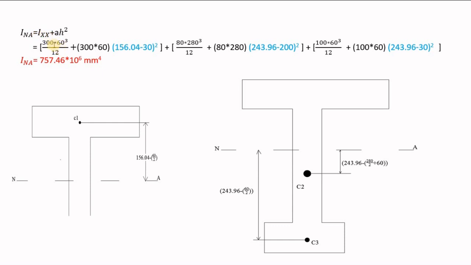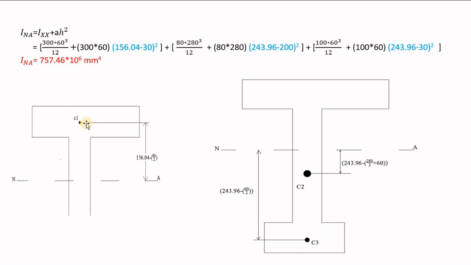IXX stands for BD cube by 12, the moment of inertia of the element. Here, see the values. For the first element I have taken it as C1, for the second element as C2, and for the third element as C3.